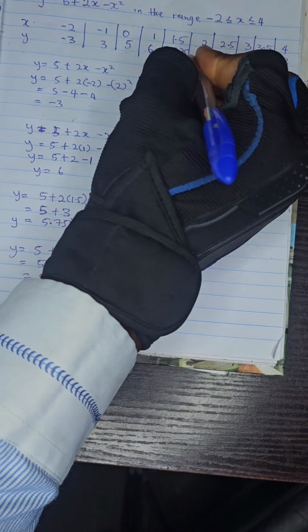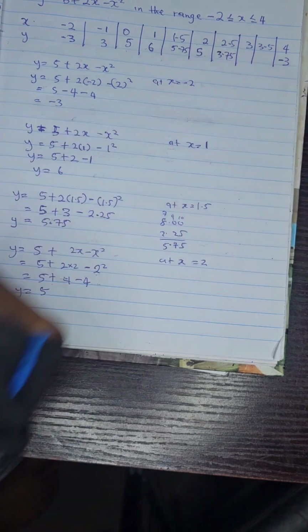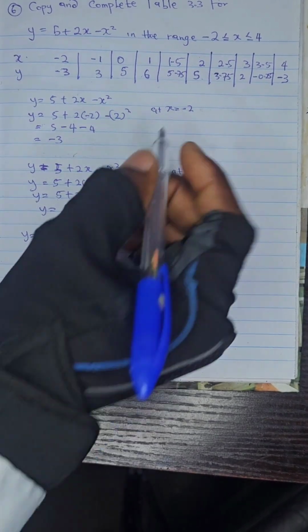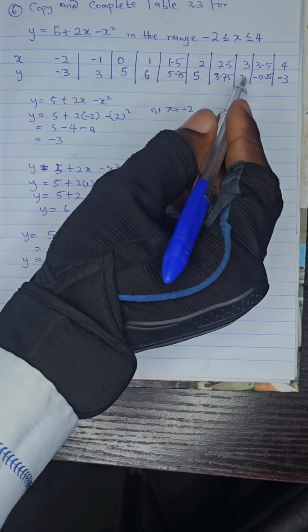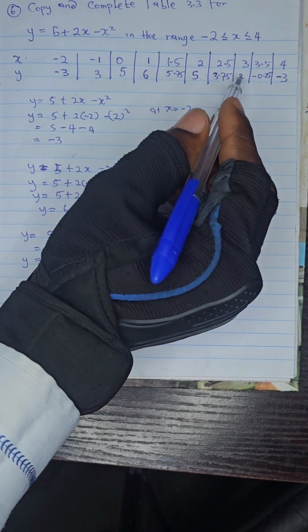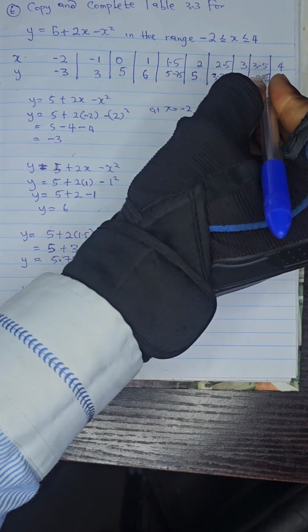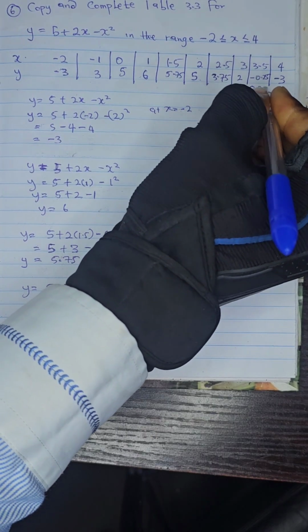Let's put 5 here. So I now have to fill in these remaining 2. After solving, I got 2, and after solving, I got 0.25. This is 0.25, in case you did not see this one properly.